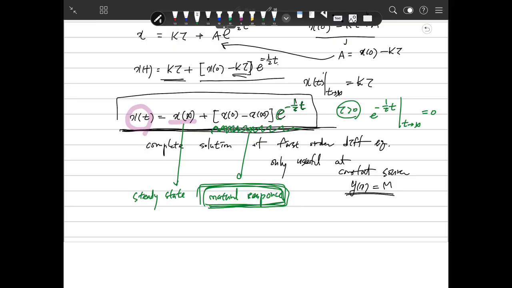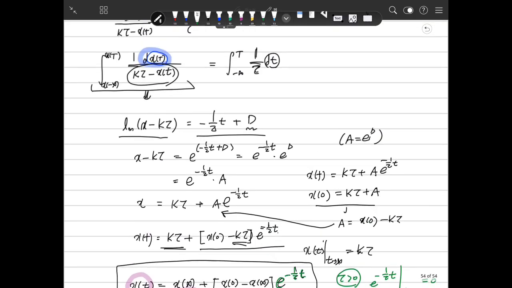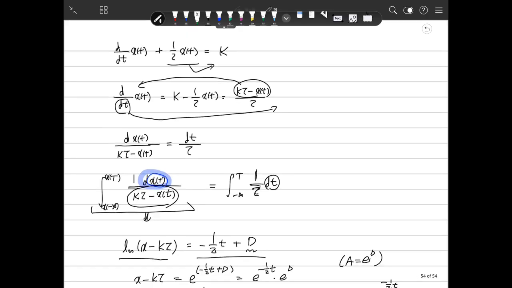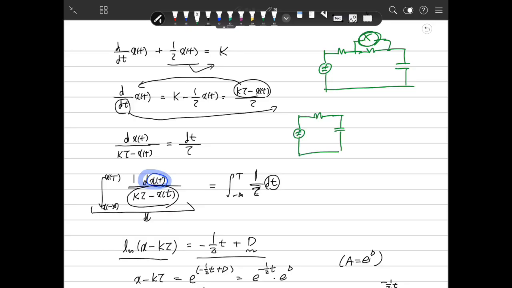For example, if there is a circuit with a voltage source, a light, a switch and a capacitor, then based on the switching operation, the circuit changes.